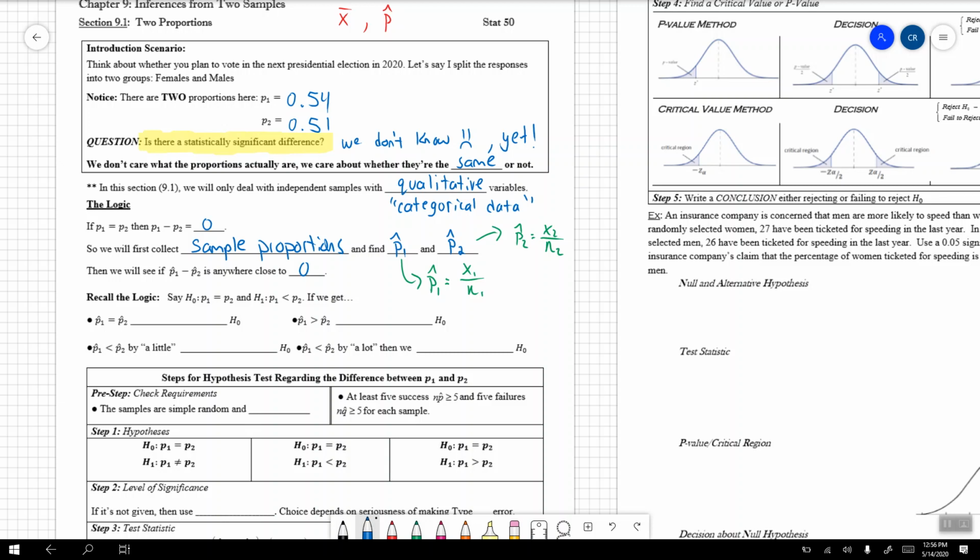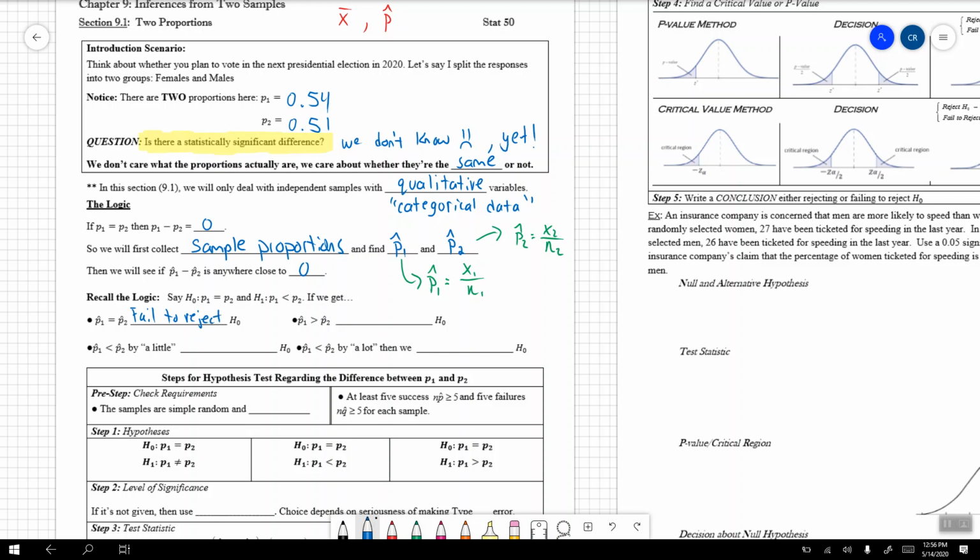Or sorry, not sample sizes. What if the two sample proportions are equal to one another? In other words, p hat 1 is equal to p hat 2. Well, at this point in time, if that's the case, then there is no statistical significance because these two values are close to 0 themselves, which means we fail to reject the null hypothesis.